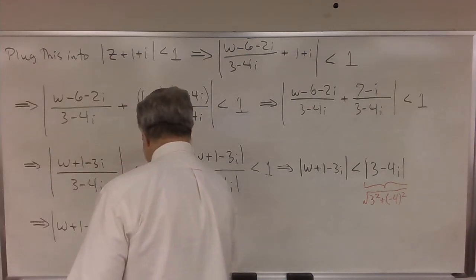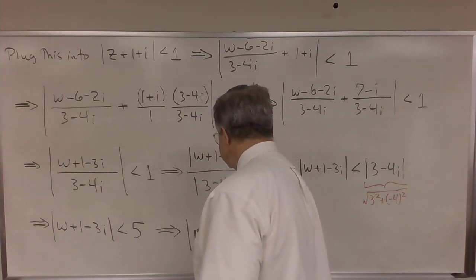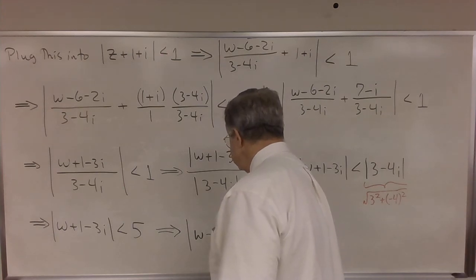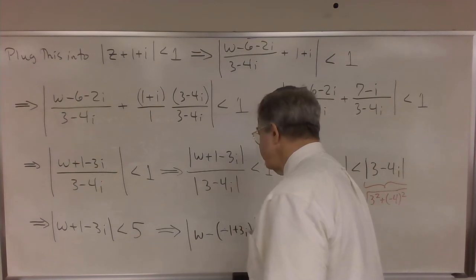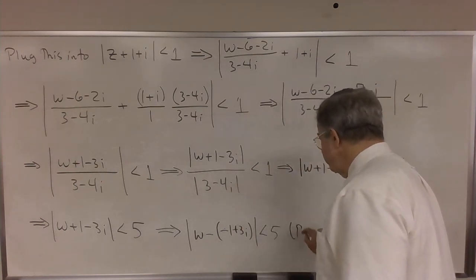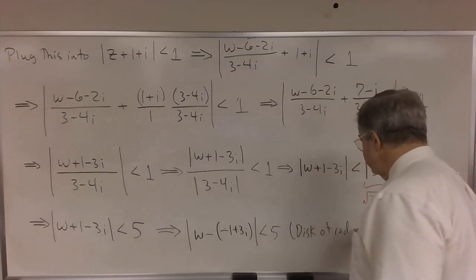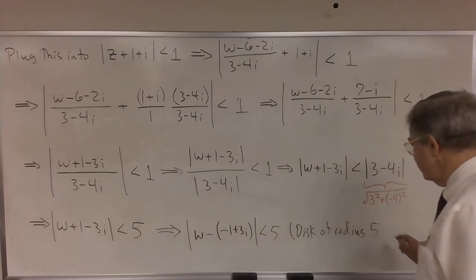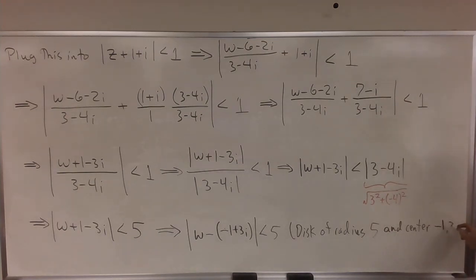Let me rewrite it. Modulus of w minus negative 1 plus 3i less than 5. So yes, this is a disk of radius 5 and center negative 1, 3.